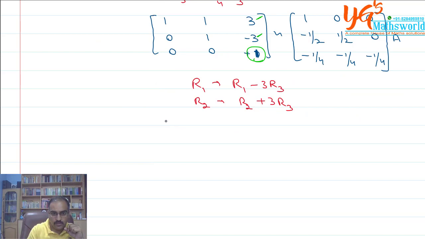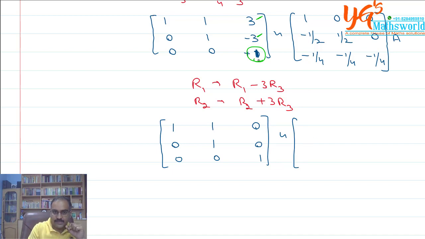Given the operations: R1 minus 3 times R3, so 1 minus 0 is 1, 1 minus 0 is 1, 3 minus 3 is 0. Then on R2, R2 plus 3 times R3: 0 plus 0 is 0, 1 plus 0 is 1, minus 3 plus 3 is 0. So 0, 0 and 1. Then on the other side, we have 1, that is our R1, minus 3 times R3, where R3 is minus 1 by 4.